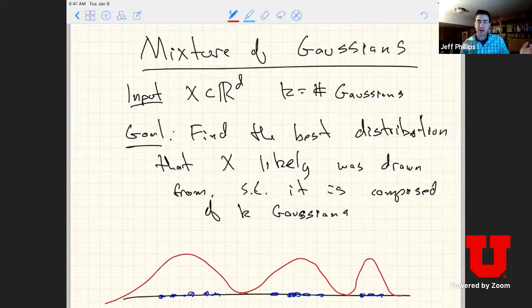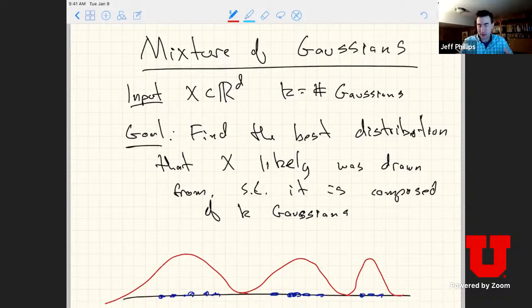If I have data, I want to try and fit a probability distribution on it, and I want it to be the sum, or the mixture, of 3 of these Gaussian distributions. You could think of it as: I decide which Gaussian distribution I'm going to choose from, and this might not be uniform, and then I draw a data point IID from that Gaussian. I think we talked about generating Gaussian random variables.